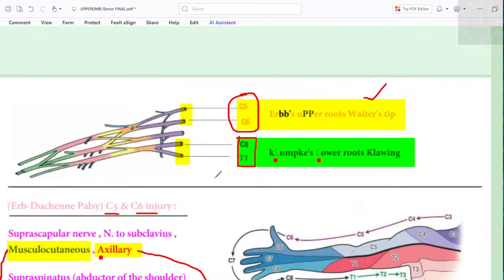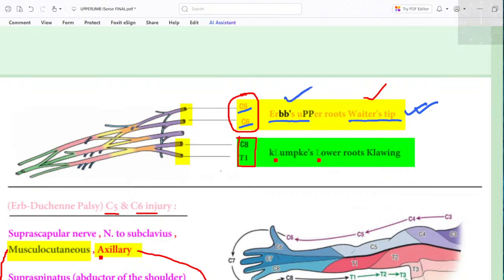Now, if there is any nerve injury, especially from C5 and C6, there will be an injury called Erb's palsy. It has a presentation like a waiter's tip, and it is called waiter's tip deformity. In the exam, they ask about the root value: a person fell down and overstressed his hand, and he is unable to do certain movements.